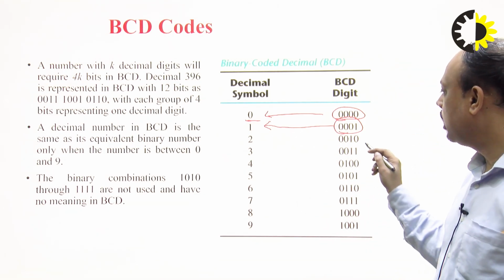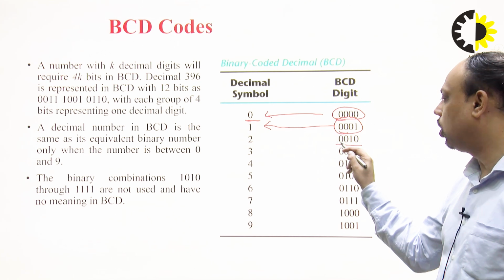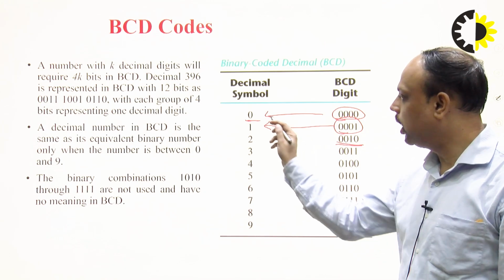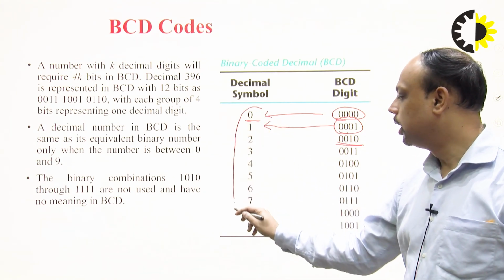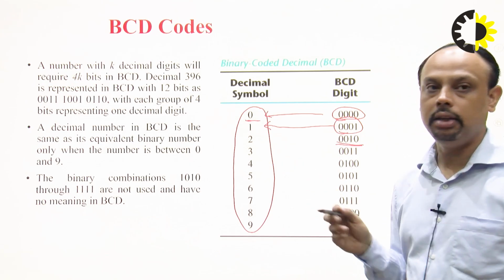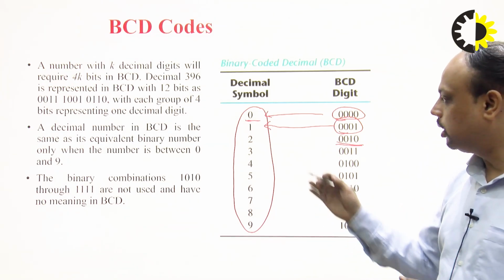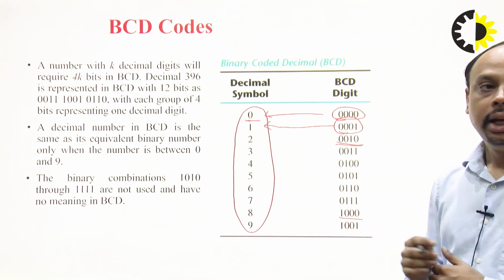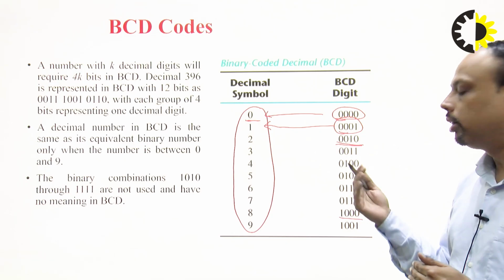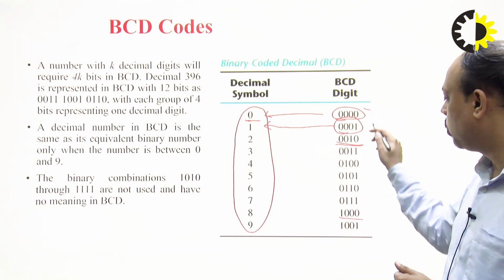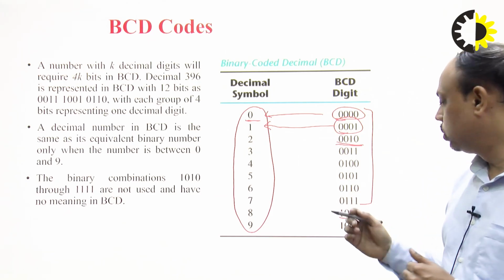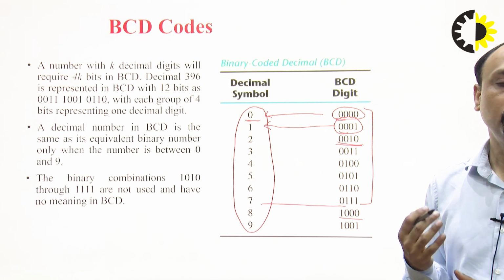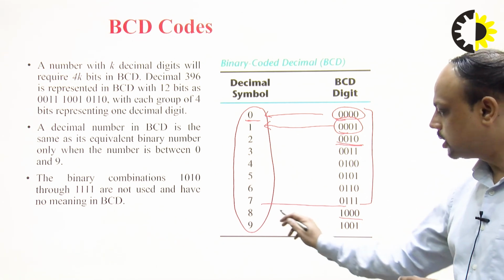So, why do we use this 4-bit code only, why not a 3-bit code or 5-bit code? This is because the possible symbols in the decimal number system go only up to 9, and we can easily represent the numbers from 0 to 9 with the help of a 4-bit code only. If we go to a 3-bit code, we can only represent up to the number 7, which is not sufficient in case of BCD, where we need up to decimal number 9.